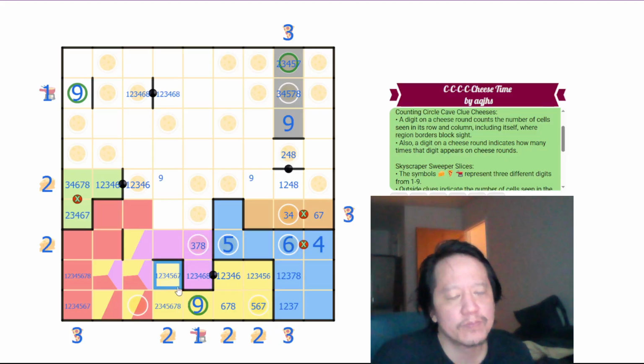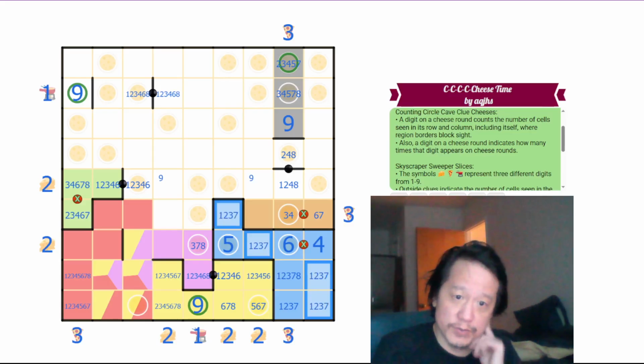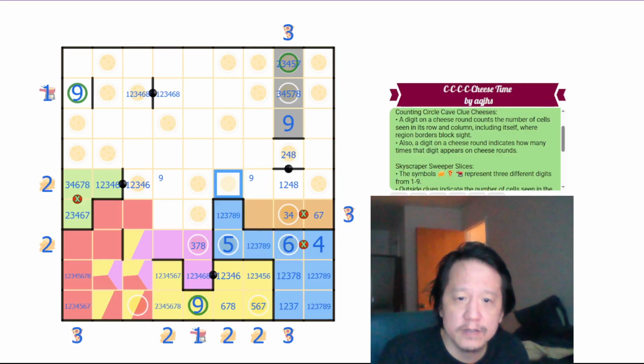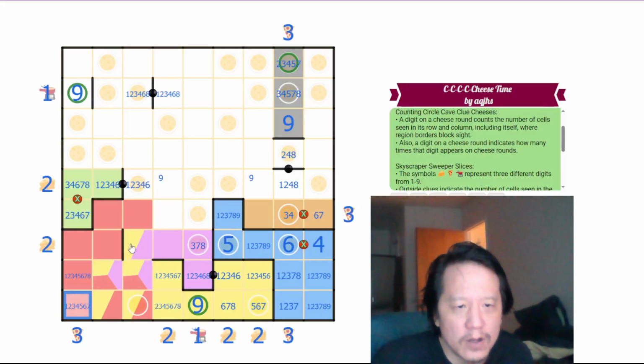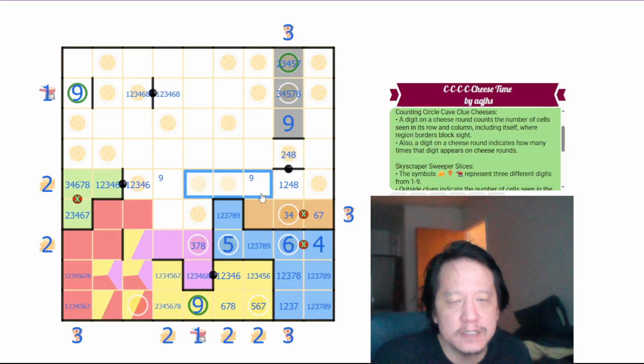Huh. Okay. Remaining digits in the blue region, we have 1, 2, 3, 7, 8, 9. Okay. Pizza. See however many. So this sees at least 3. And this must see more.